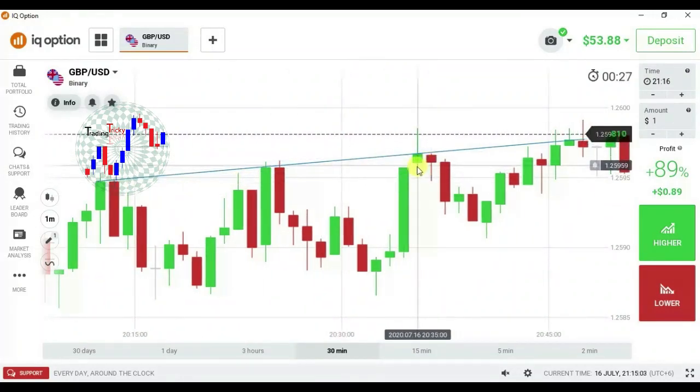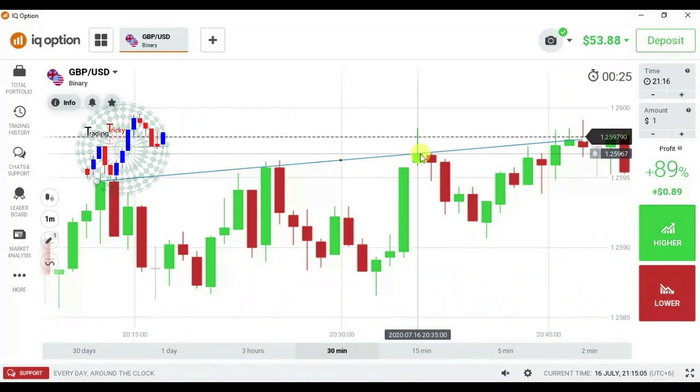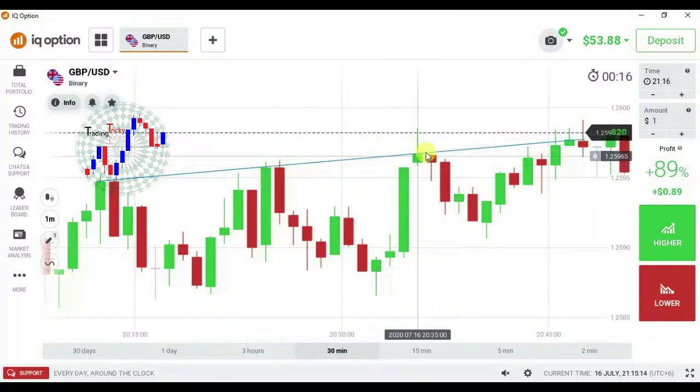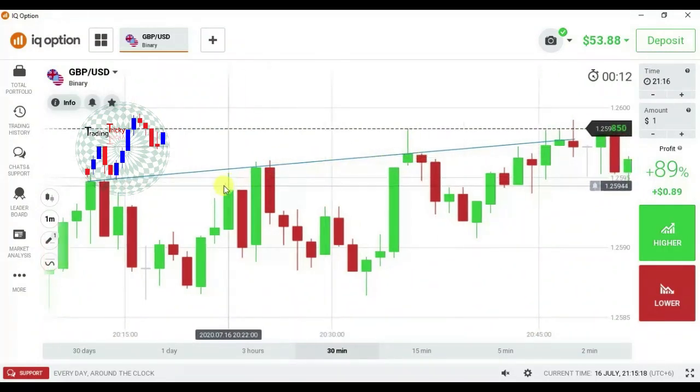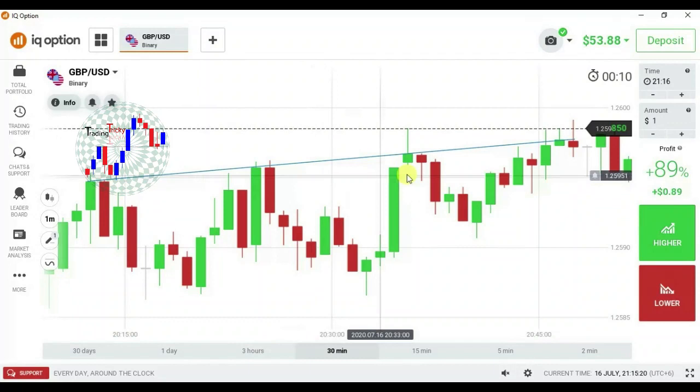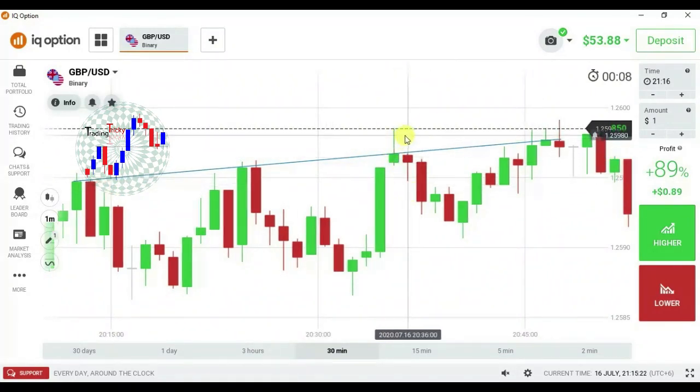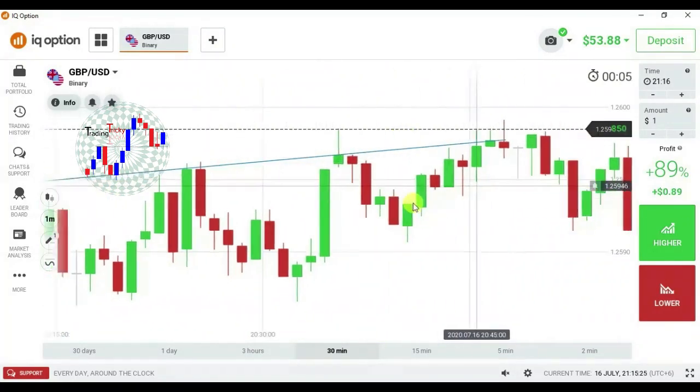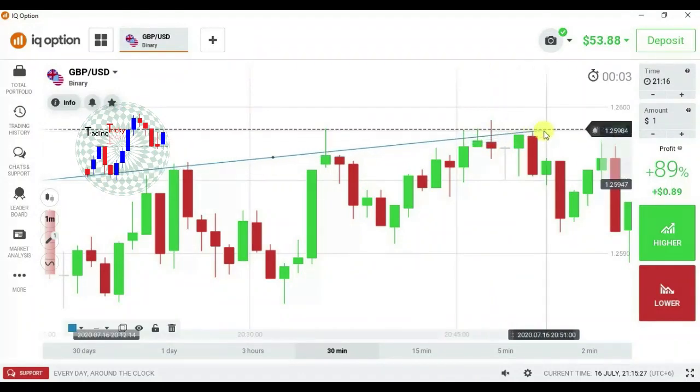So this may fill this gap, so I'll wait, and when I see the price has gone too high, then we can use marginal safety because this is a borderline. From this line we are seeing that the price fell from this level, so in this case we can use marginal safety.